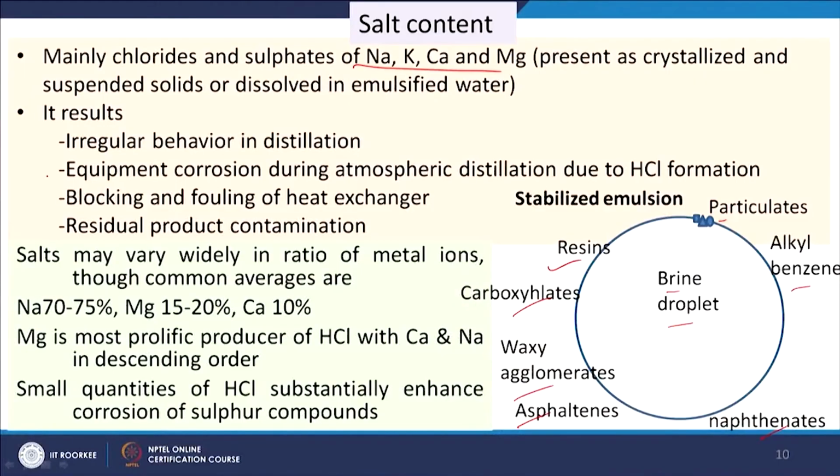It will create pollution, it will give irregular behavior in distillation, it will foul the heat exchanger, and it will also cause equipment corrosion. These are the disadvantages of the salt. If we think about different types of salts, mostly sodium is present, typically 70 to 75%, magnesium 15 to 20%, calcium around 10%, and magnesium salt mostly gives HCl, which is corrosive in nature.